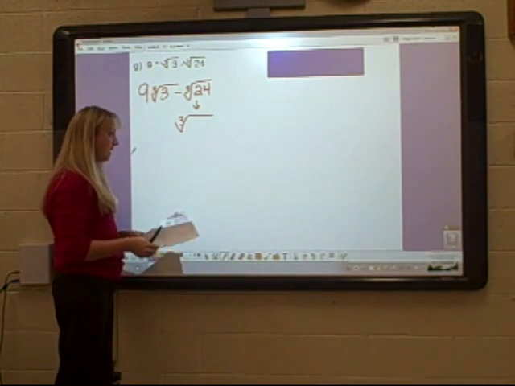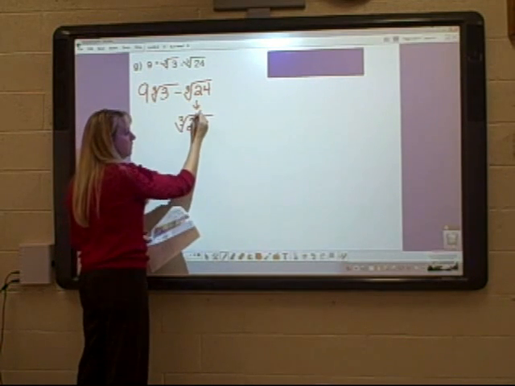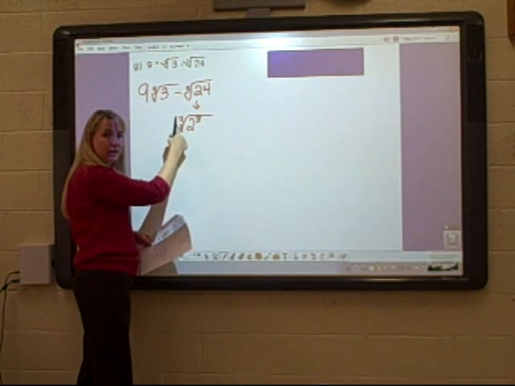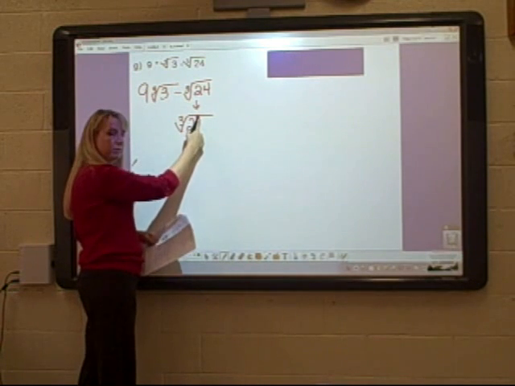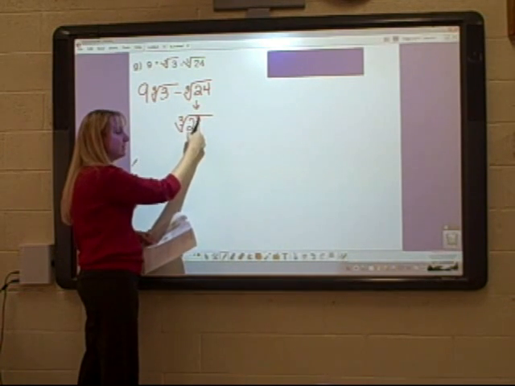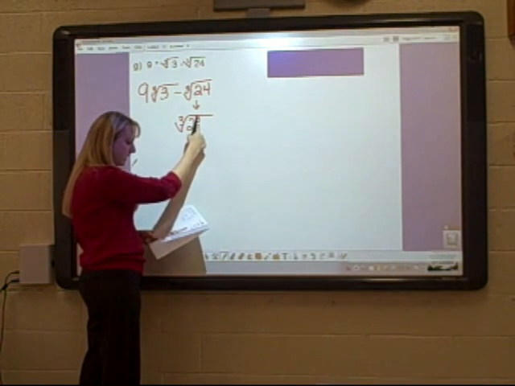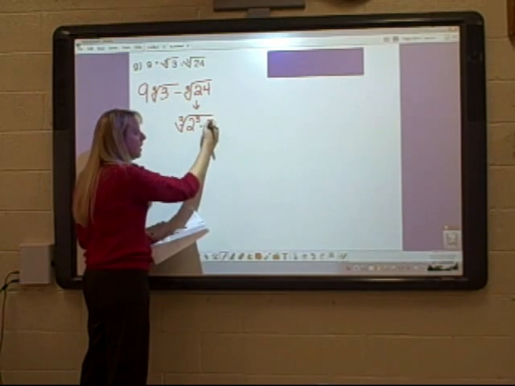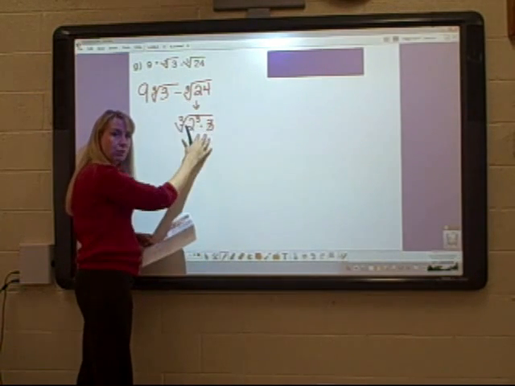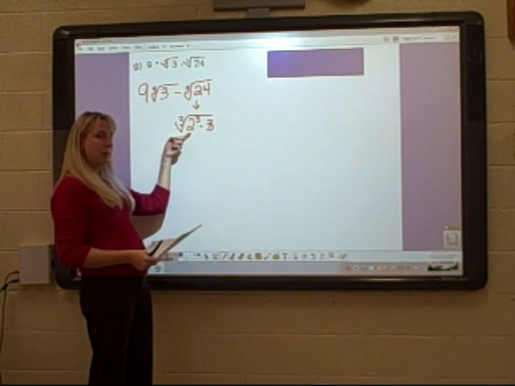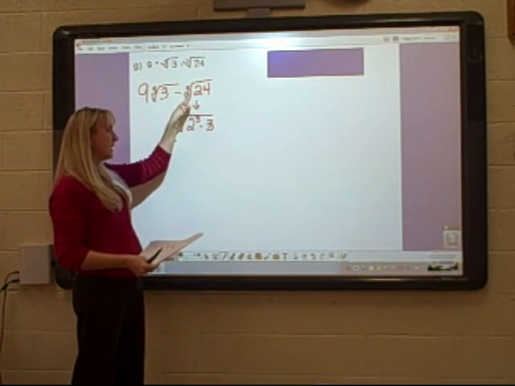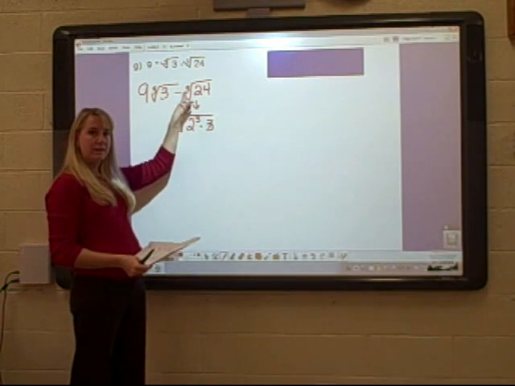Well, if I think about 2 cubed, I really want to try to get this index number as my exponent. 2 cubed, 2 times 2 times 2 is 8, and then if I take that 8 times a 3, I get that 24. So these are the same things. I'm just trying to come up with a number that has this same exponent as the index number.